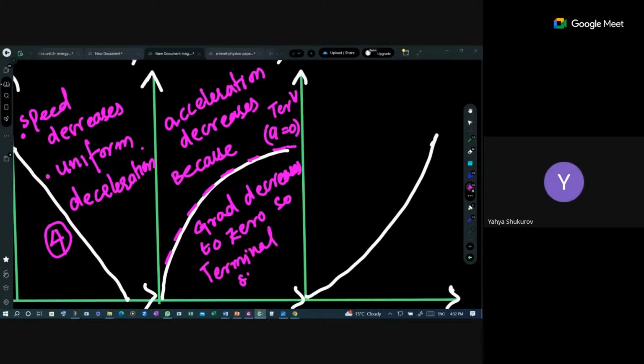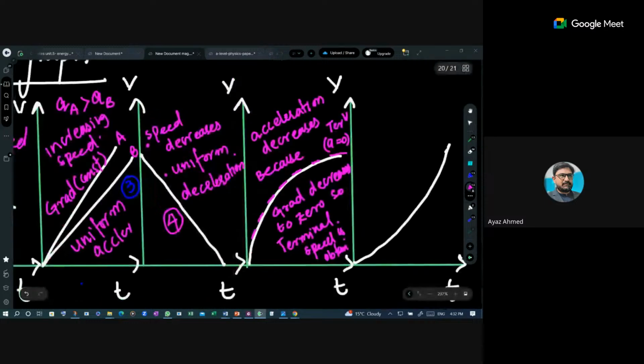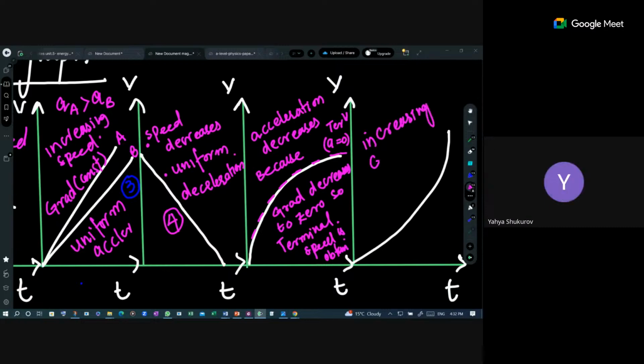Terminal speed is obtained. I will talk about that in the terminal speed concept. And what about this one? It has increasing acceleration. Its gradient increases, so acceleration increases.